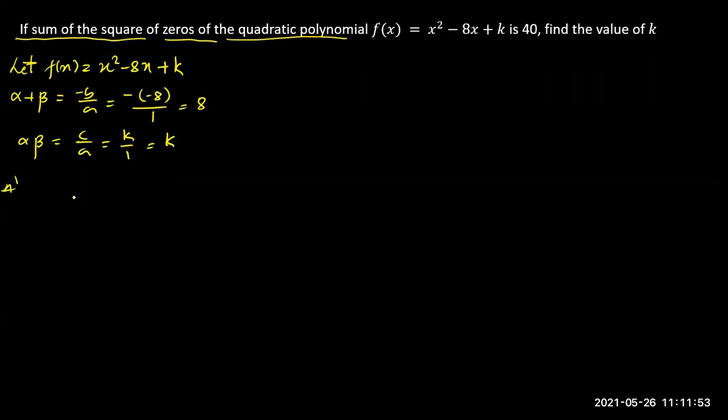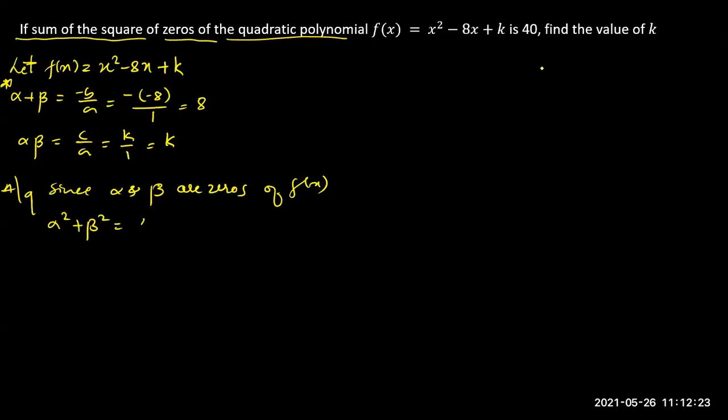Now, according to the question, since alpha and beta are zeros of f of x, you can write alpha square plus beta square is equal to 40.